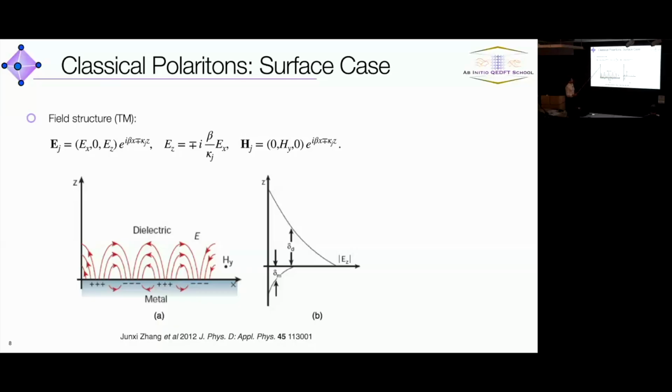The Z direction is perpendicular to the plane and X is parallel to the plane, but there is no Y component. So this is the transverse magnetic solution. The X and Z are related by this expression here. But the important point is that this solution goes with this exponential here.